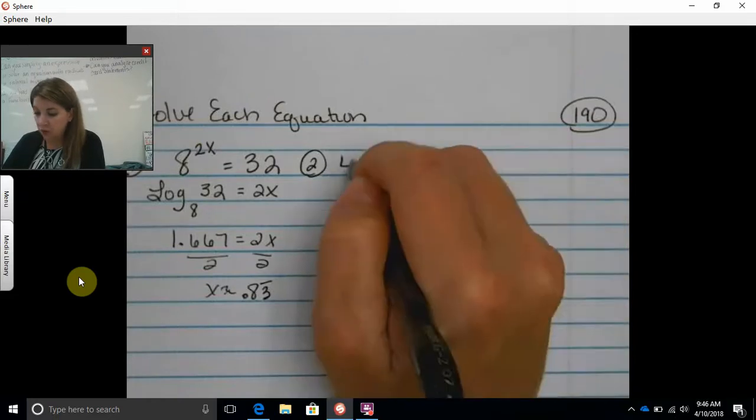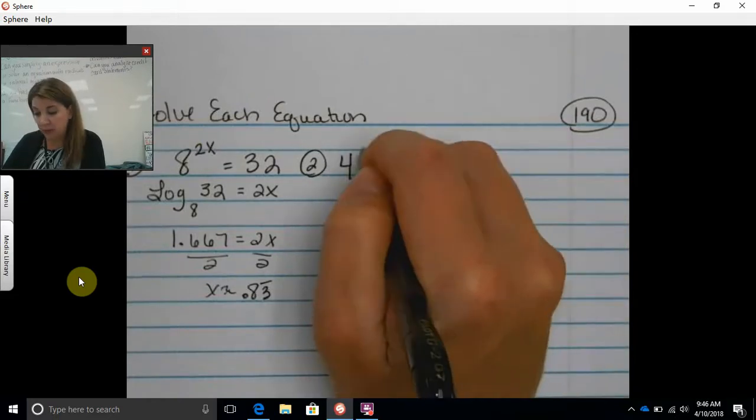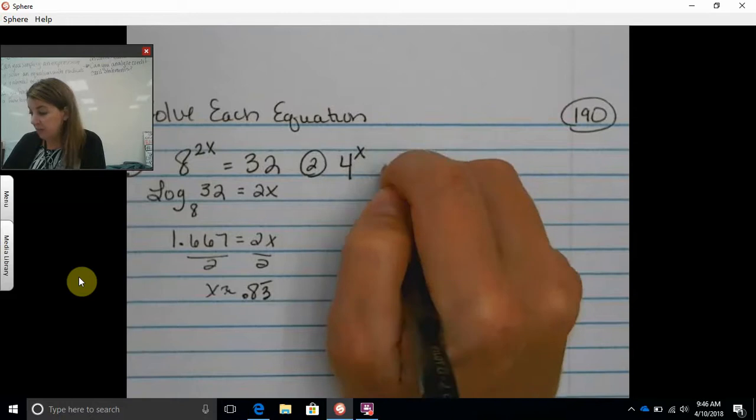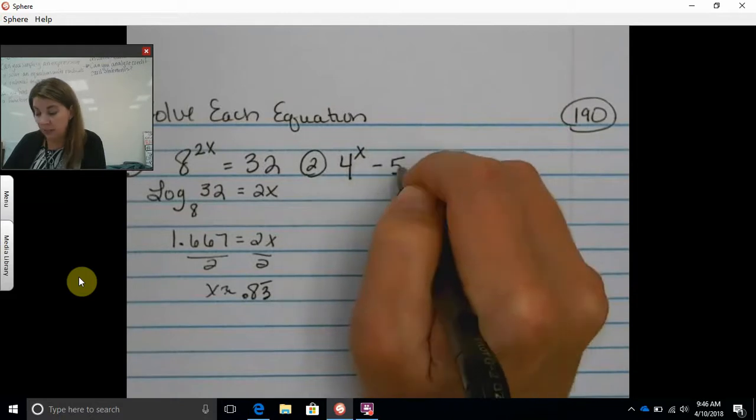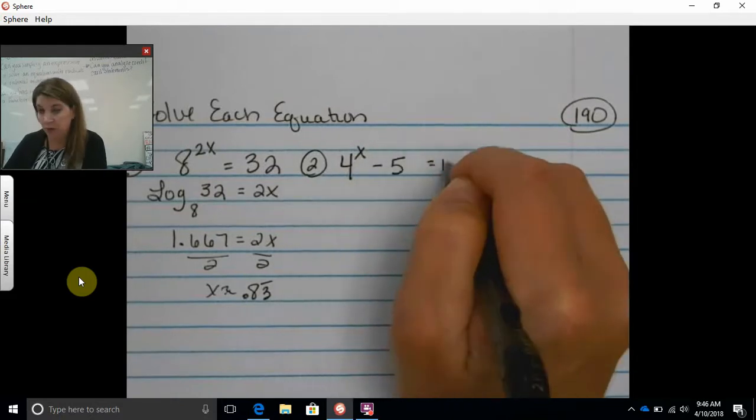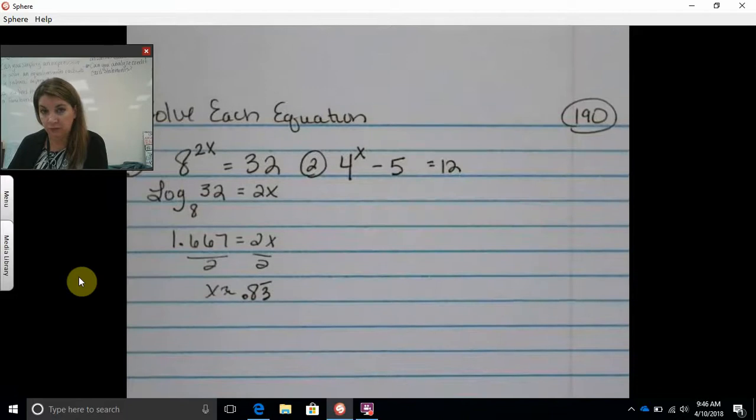Example 2, 4 raised up to the x power, and then I have a minus 5 that's not in the exponent, equals 12. Okay, before I can write that as a logarithm, this has to be in exponential form.